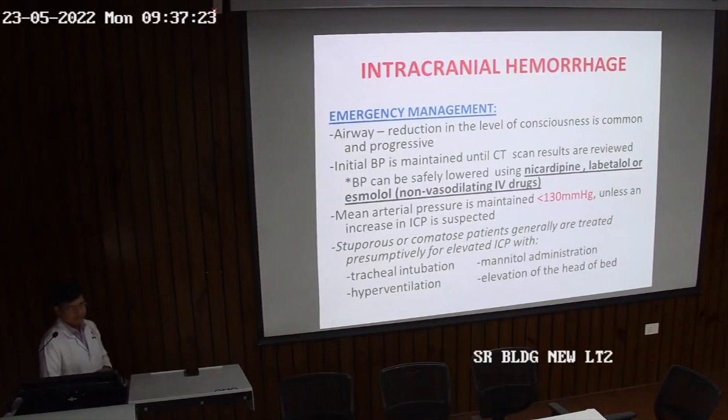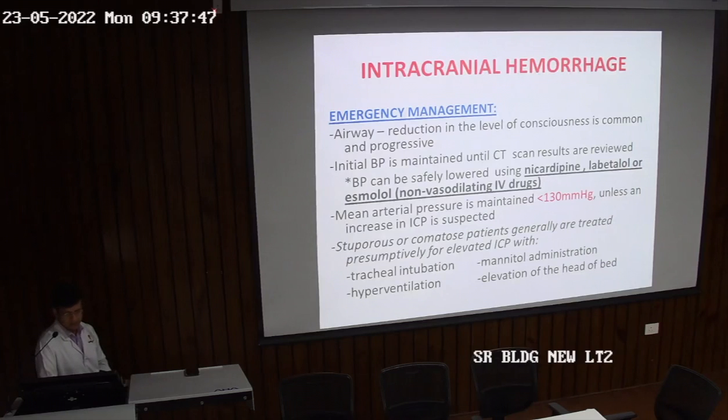And in our emergency management, you should focus on the ABC, that is airway, breathing and circulation. Usually this patient comes to you with sustained hypertension or accelerated hypertension. So our main focus is also on the use of antihypertensives to reduce the blood pressure, and this blood pressure can be safely lowered using nicardipine, labetalol, or esmolol.